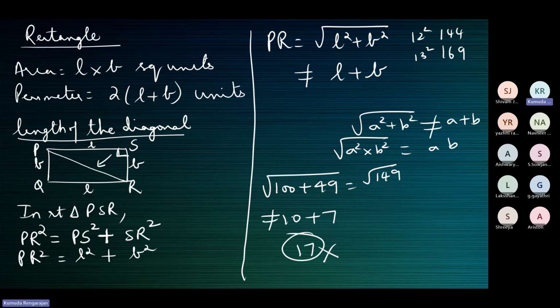See, it is true if you get the same answer either way. Both ways you must get the same answer. Then it is true. But we are not getting the same answer.